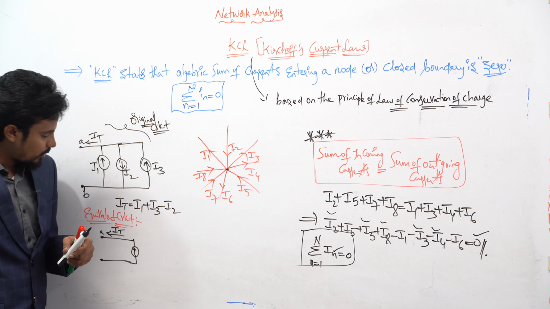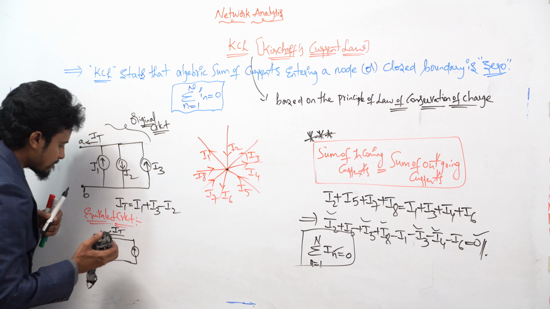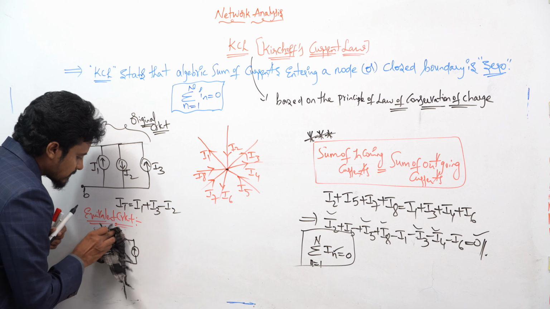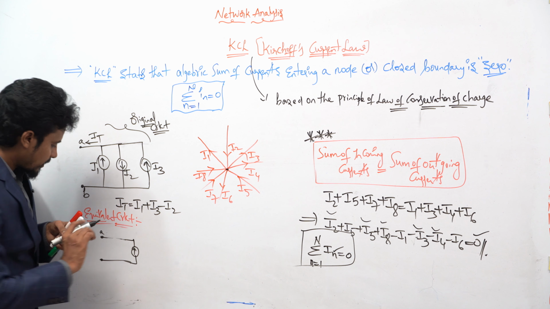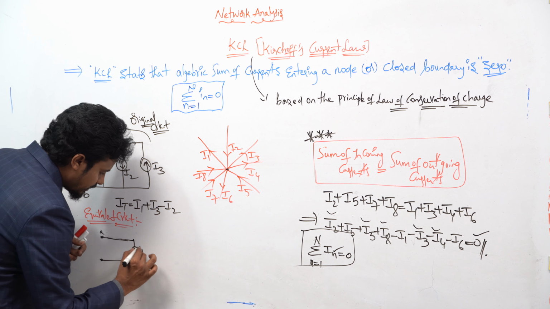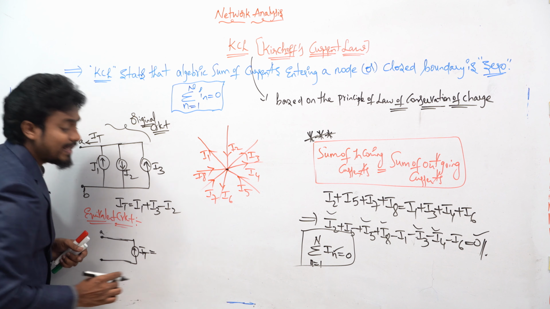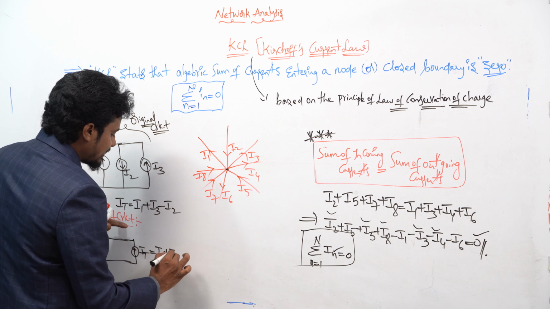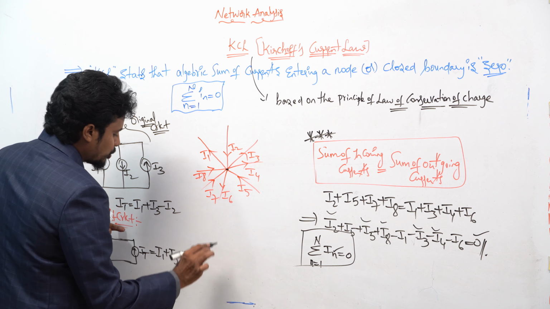So here you can see, this is my IT. How can you write your IT? IT will become I1 plus I3 minus I2.